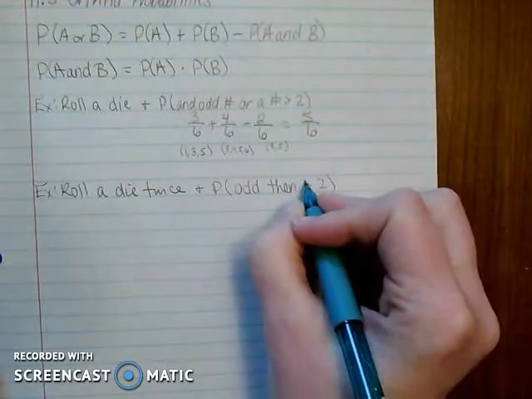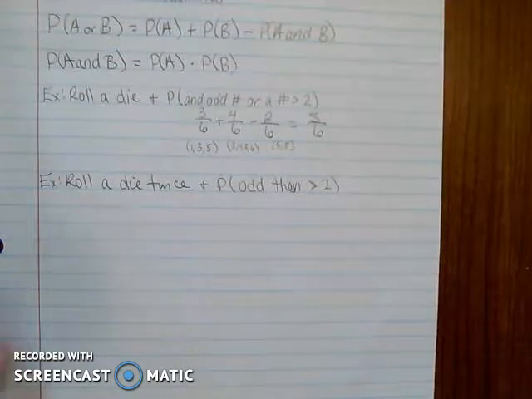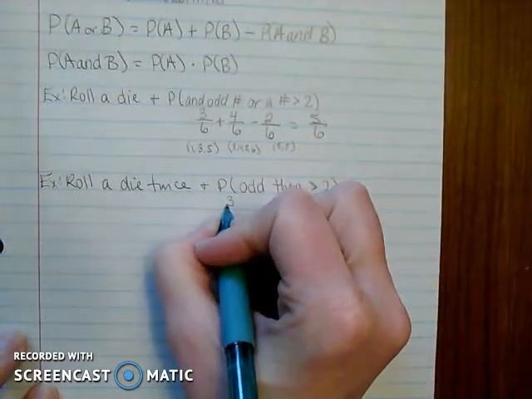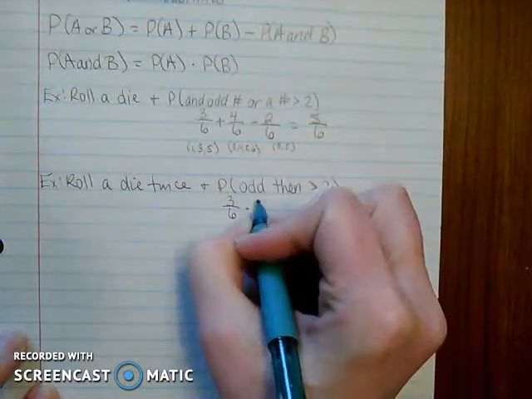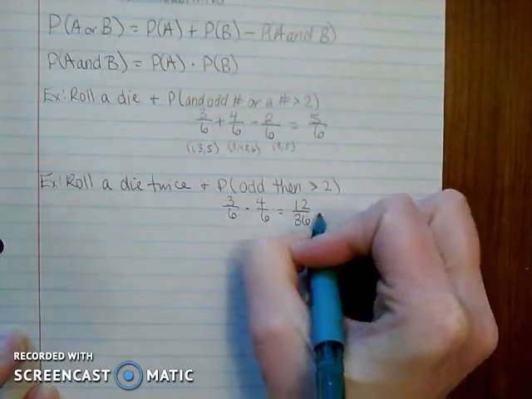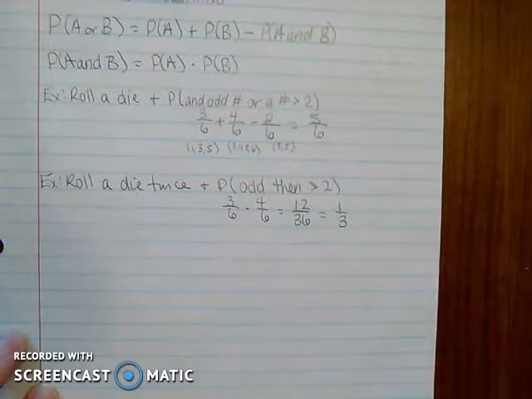You have to go in a certain order, otherwise it gets even more complicated. The probability that our first one is odd would be 3 out of 6. Greater than 2 would be times 4 out of 6. So we end up with 12 out of 36, which is 1/3.